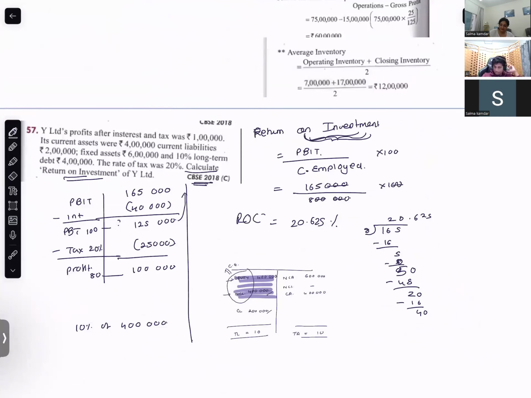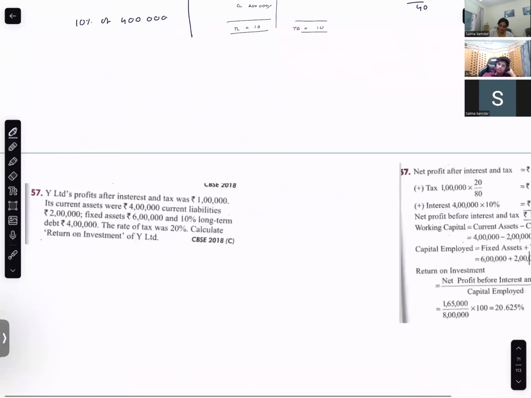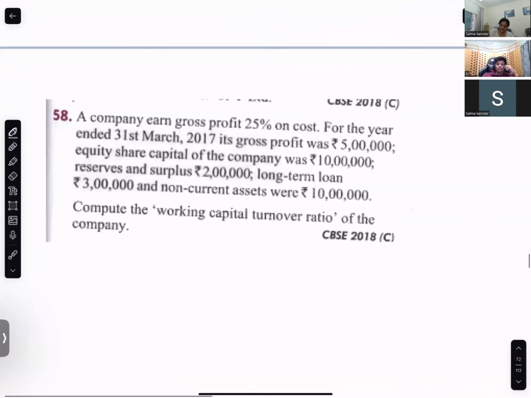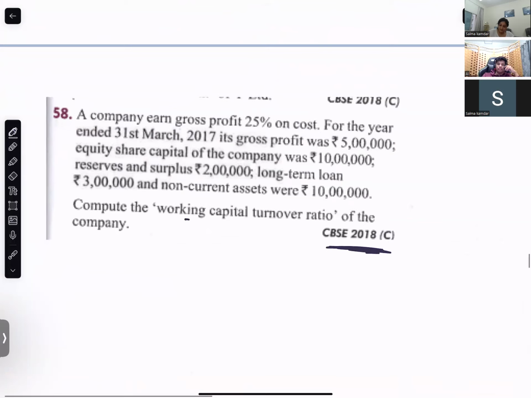return on capital employed. The 2018 sum. Come on, this is again asked in CBSE 2018. Compute working capital turnover ratio. What is working capital turnover ratio? Do you know the working capital turnover ratio?